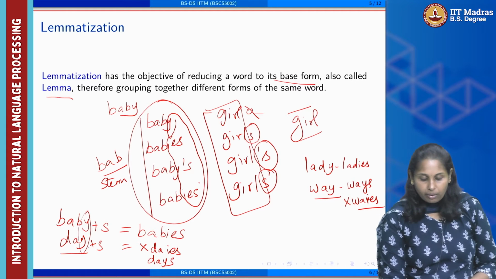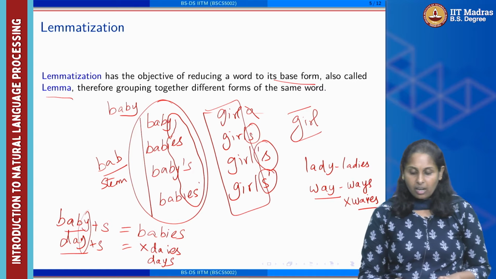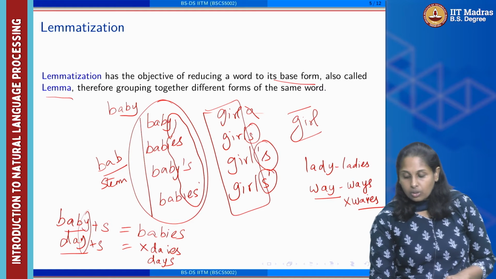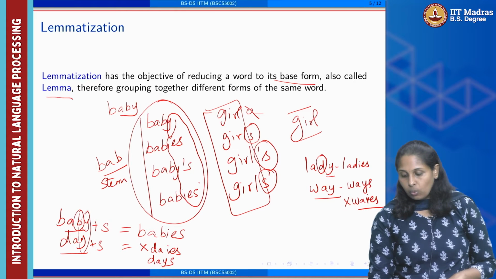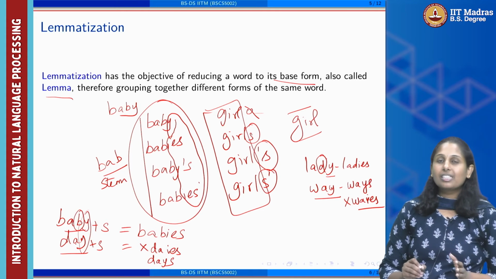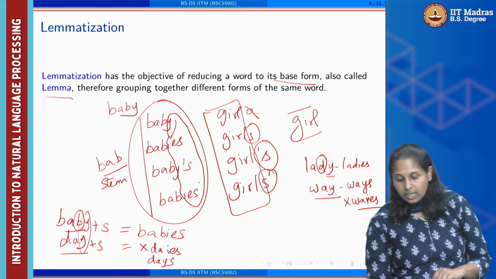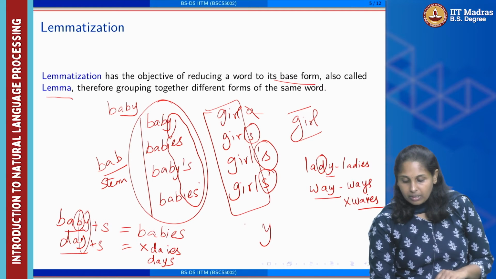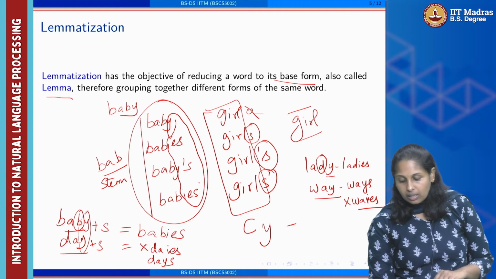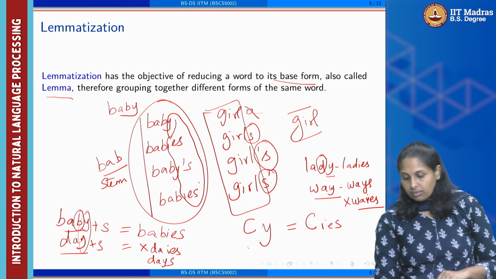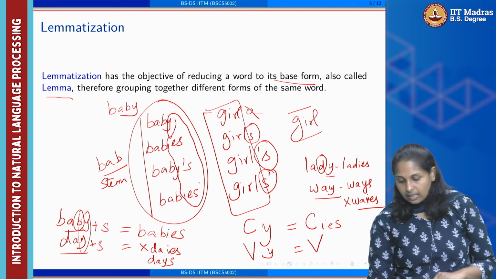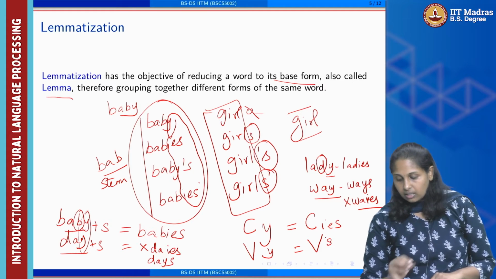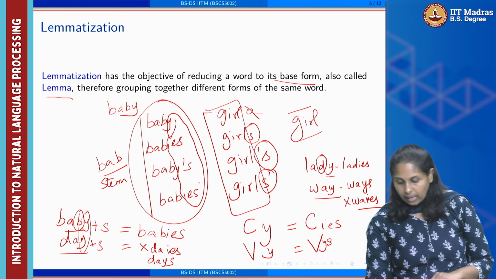Now, the common pattern you could identify in the four data items that we have is that Y is preceded by a consonant in lady and baby, whereas Y in way and day is preceded by a vowel. So, the rule here is that wherever there is a Y preceded by a consonant, change that Y into IES. Whereas where there is a vowel followed by a Y, do not change it, keep it as it is and just add S.